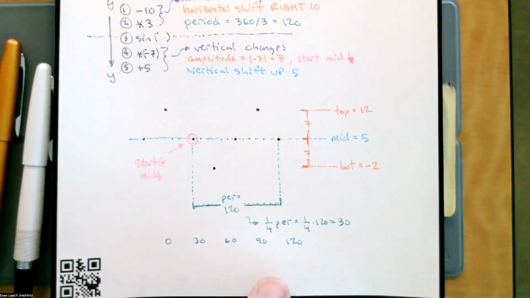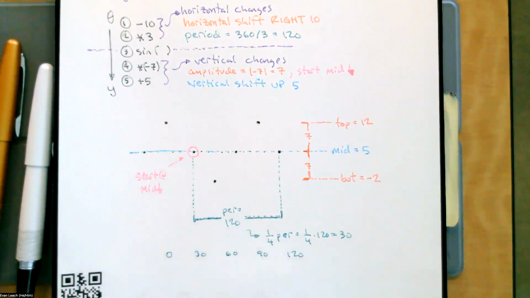But that's not the only horizontal thing that's happened in this function. What other horizontal thing happened in this function that's going to change these 5 values? We've taken the 0 and we need to shift it right 10. We need to take all 5 of these and shift them right 10.